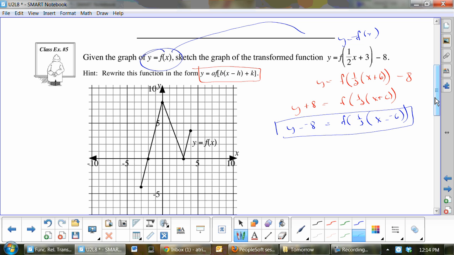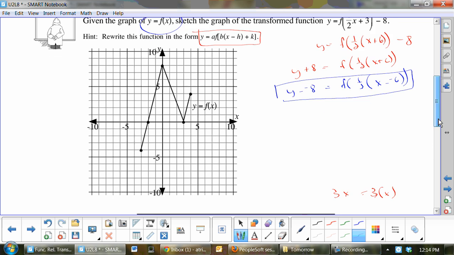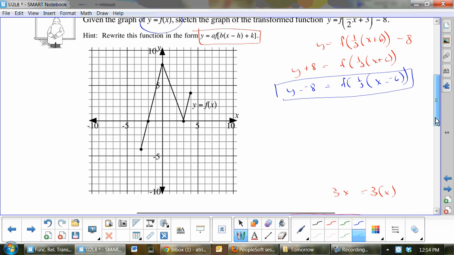Now, if on a test it asked for the correct transformations in order, what would the replacements be to do that? So I'm going to start with replacements first. Wiley, what are the replacements?